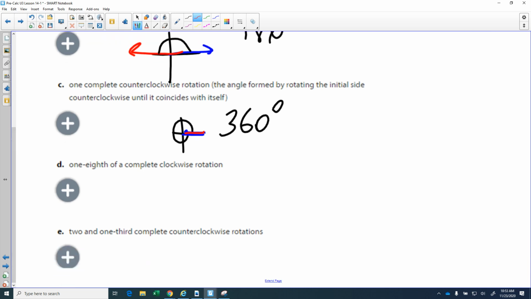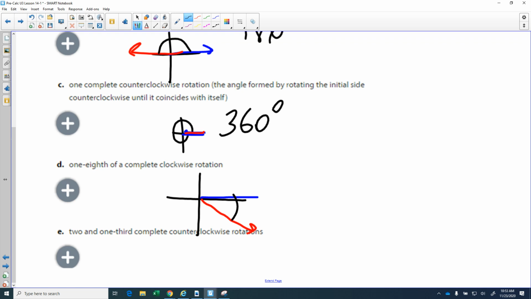But what happens when we start going clockwise? Everything we've done so far has been counterclockwise, which has given us positive angles. Let's say we go clockwise. Our initial side's here. Let's say I wanted to go 1/8 of a complete clockwise rotation. Well, that would lead me to about right here. And I want to think of what possible angle I'm given.